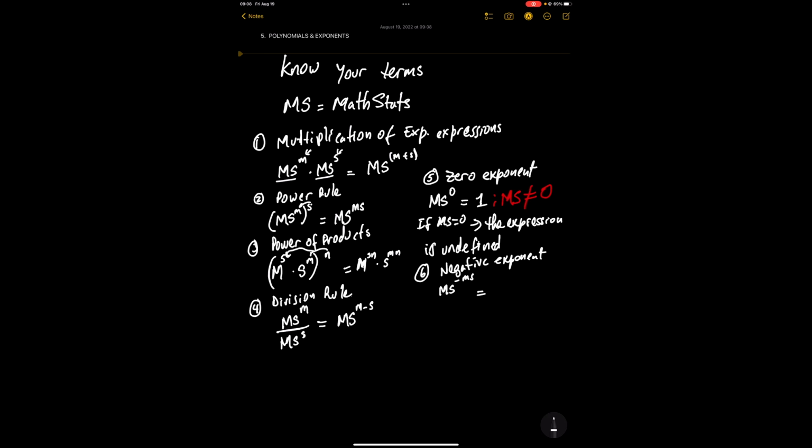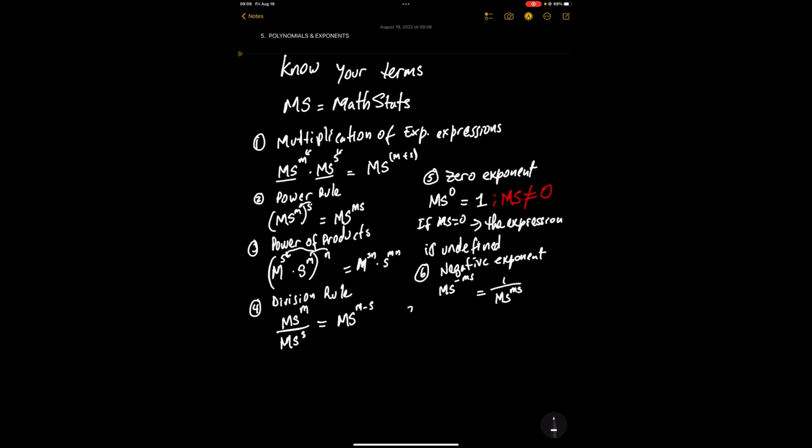To make it positive, you basically do the inverse of the expression, which means 1 over the expression, and you also change the sign of the exponent. So m to the power of negative s gives you 1 over m to the power of s.